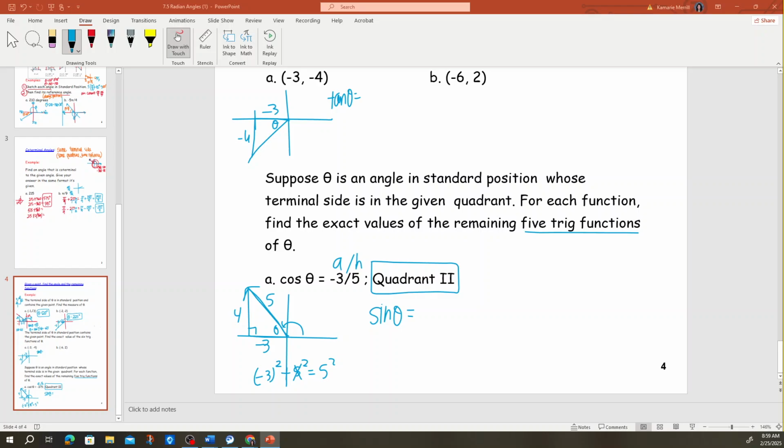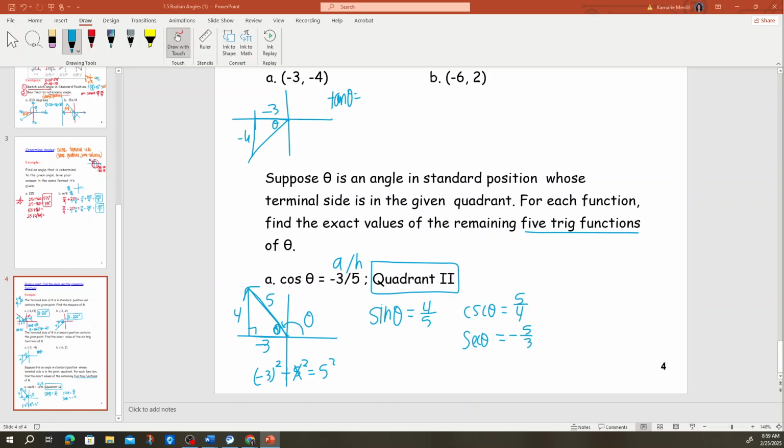So just to have one under our belt, I would do sine of theta. What is it? You always go from the reference angle, even though this is theta. So theta prime, go from the reference angle. 4 over 5. That means I know cosecant. What's cosecant of theta? 5 over 4. They gave me cosine, so I know secant. What's secant of theta?